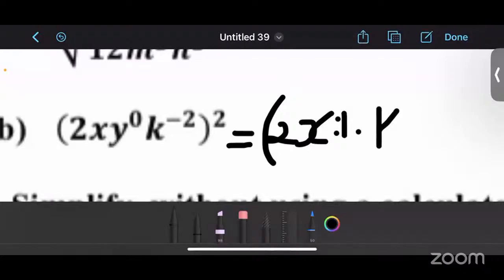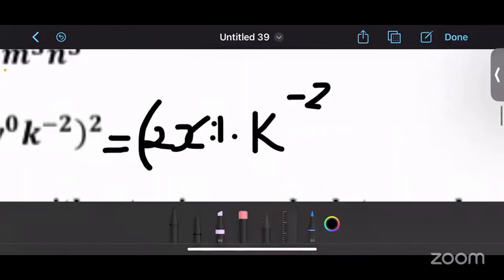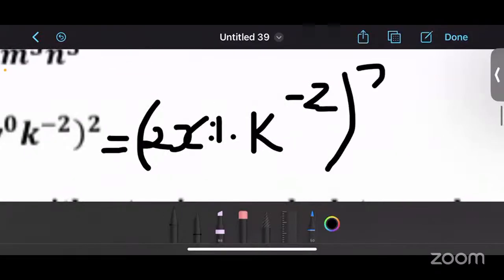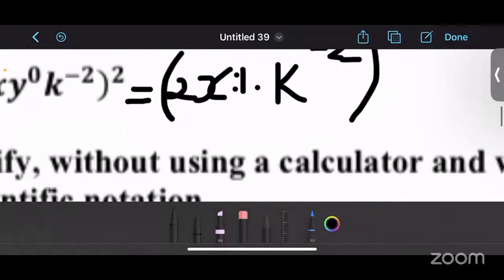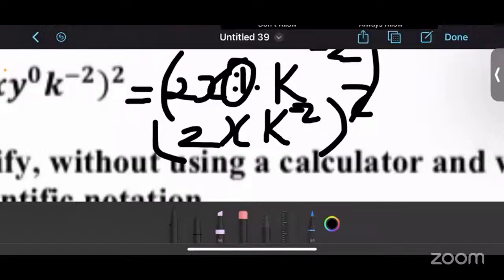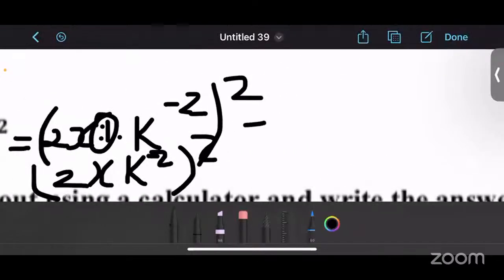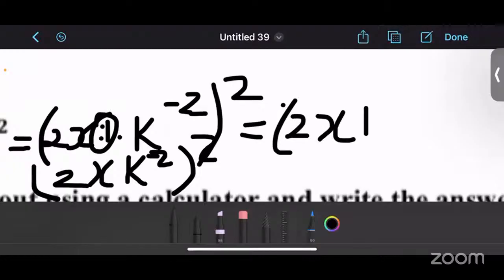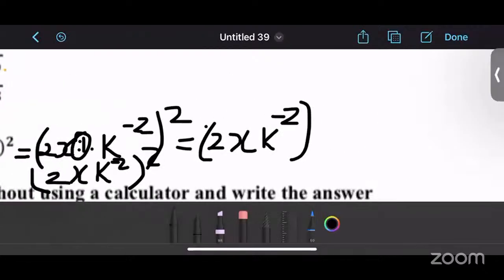And then k to the power of -2, all to the power of 2, which can also be written as, remember, this one is going to multiply everything, right? So it'll be 2x k to the power of -2, to the power of 2. This is going to be my second step. So I have 2x k to the power of -2, close bracket, to the power of 2.